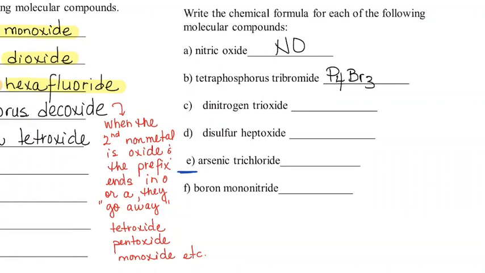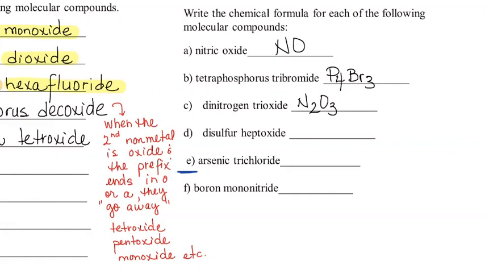Dinitrogen. How are we going to show that dinitrogen? Let's put it in the chat. See, you guys are getting the hang of it. This is not that bad. At first, it feels overwhelming, but not that bad. Trioxide. How do we show it? Excellent job.